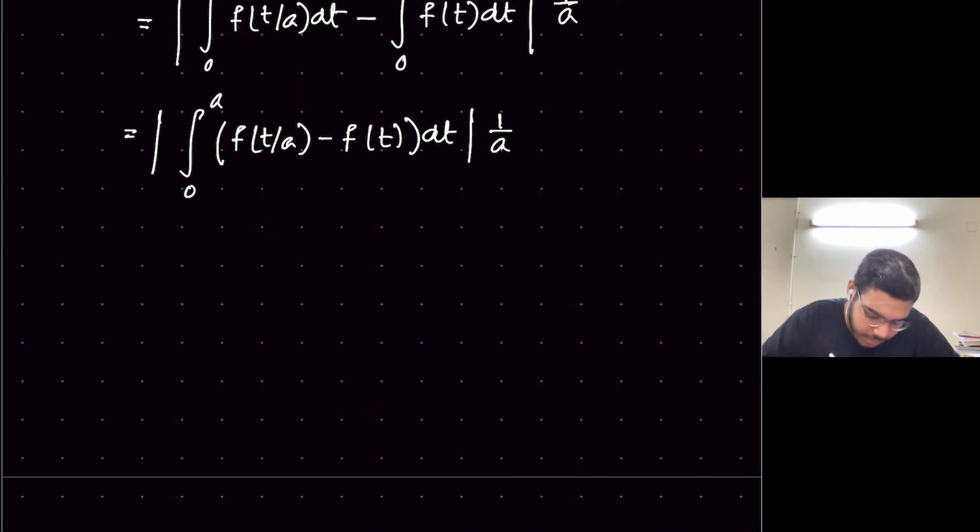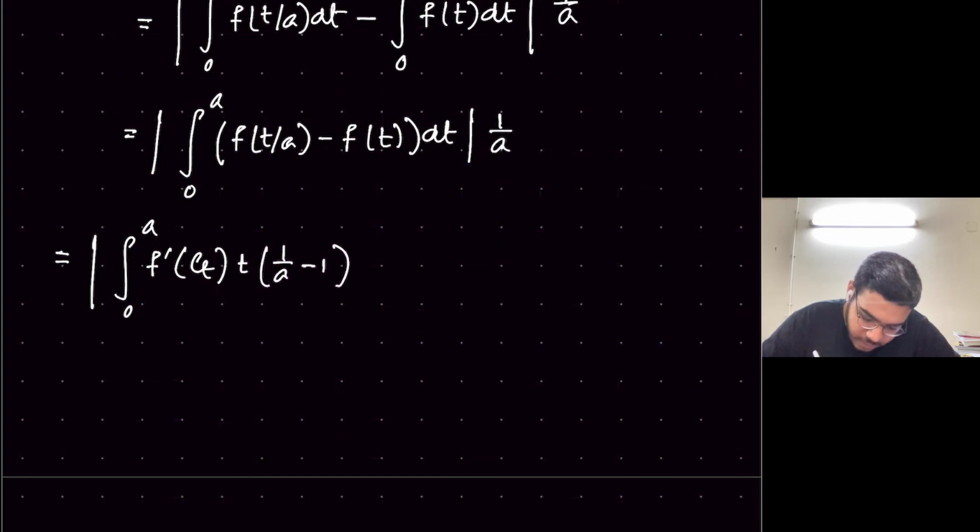So by LMVT, this will be the integral 0 to a of f'(c_t) into t times (1/a minus 1) dt times 1 by a. This is by LMVT.